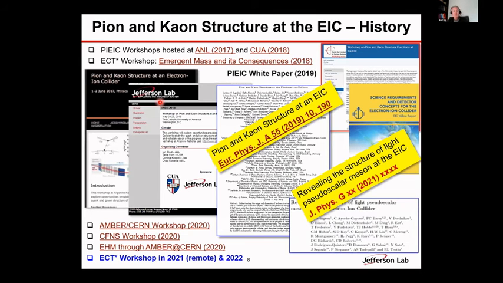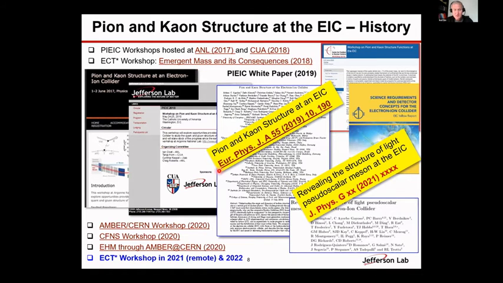I'll mainly talk about pion and kaon structure. And again, my belief is that's where a lot of the emergence of mass and structure, which we deal with in the world, comes from. Similarly, a long history. There have been workshops hosted for the last 5 years all around the world. Same here, you see there was a workshop, the ECT* in 2018.